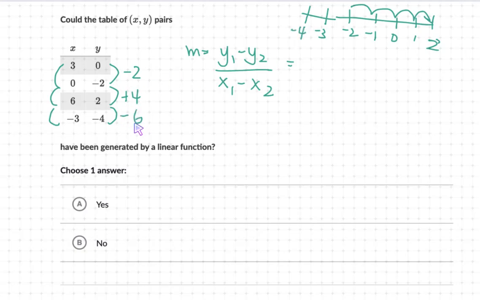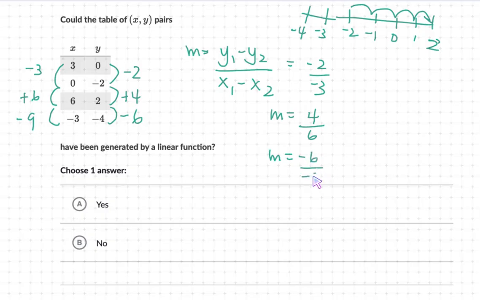So it's going backwards 6 spaces. 3 minus 1, that's going backwards 3. This is going forward 6. This is going backwards 9. Okay, so my slope is my change in y over change in x. I have -2 over -3 for one of them. I have +4 over 6 for the other. And for the third one, I have -6 over -9.